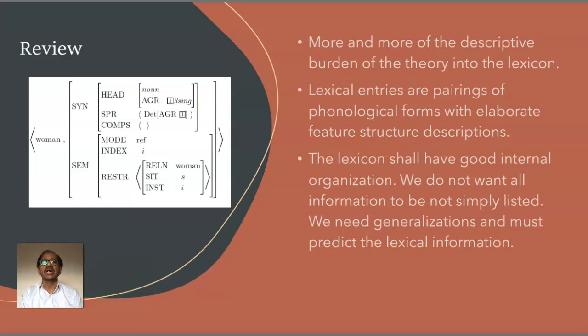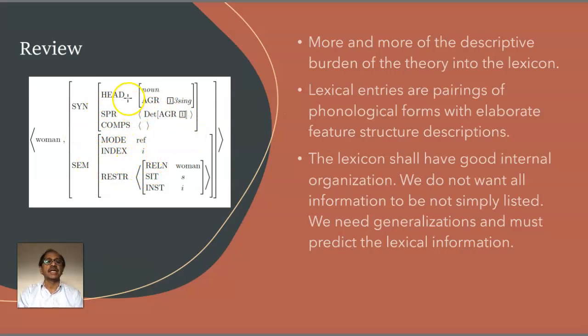The lexicon contains lexical entries which are basically phonological forms, and along with the phonological forms we have been giving feature structure descriptions. If you remember, each lexical item looked like this: the word, the phonological form, along with the syntactic information and semantic information.